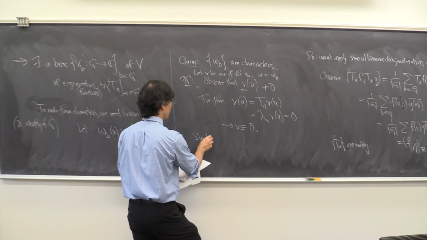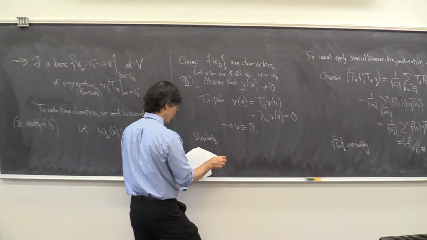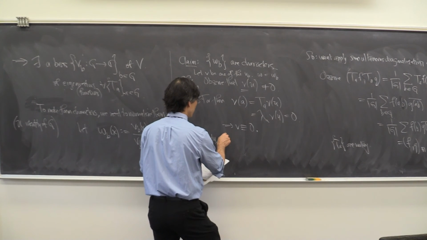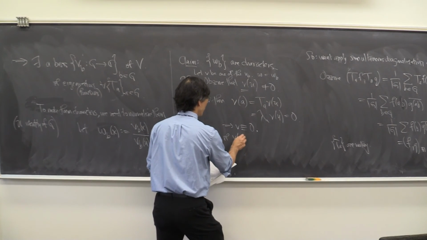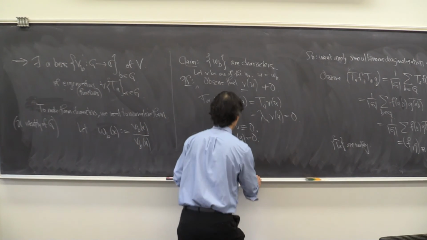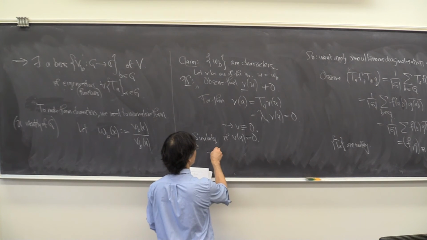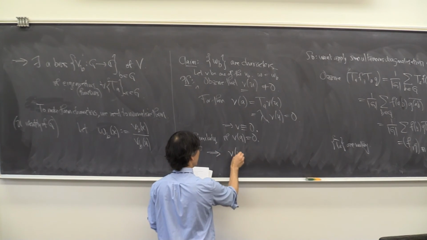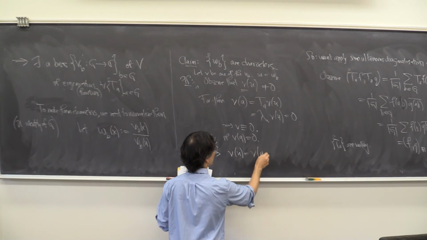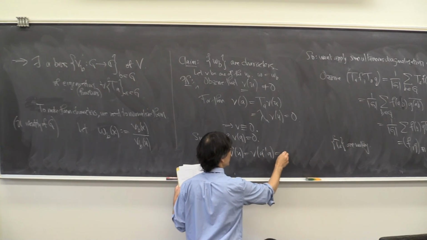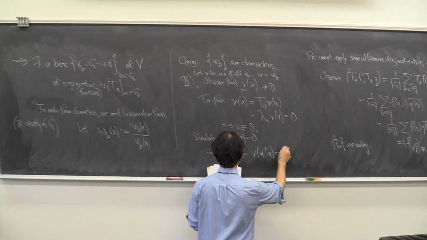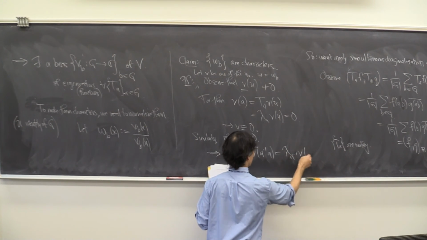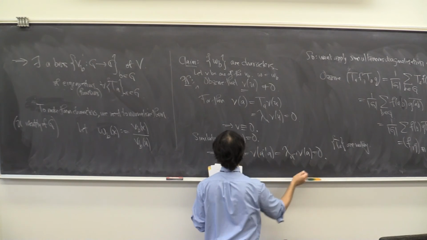Similarly, if V of A equals 0, then V of U would be V of A inverse A, which is lambda A inverse times V of A, which would be 0.